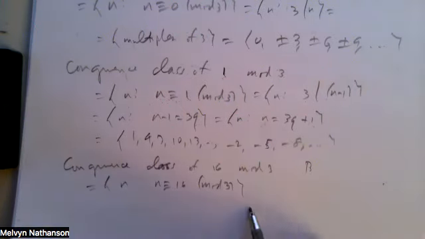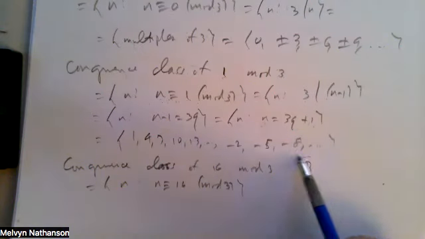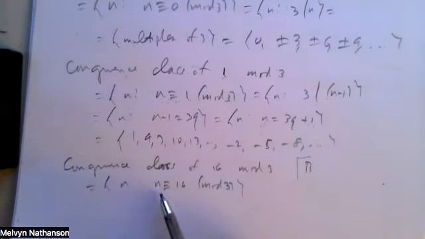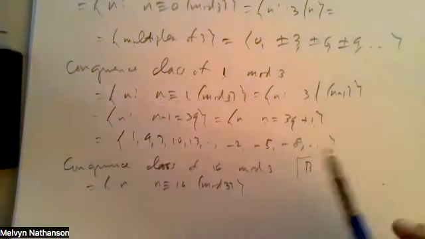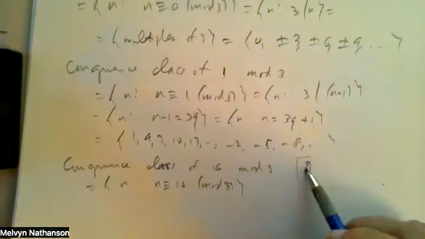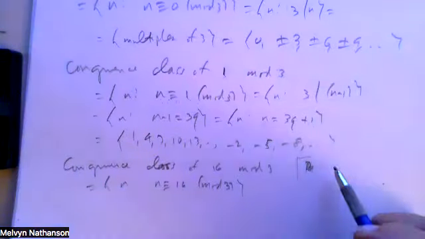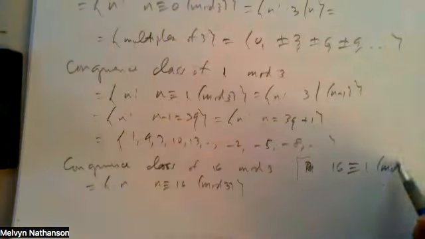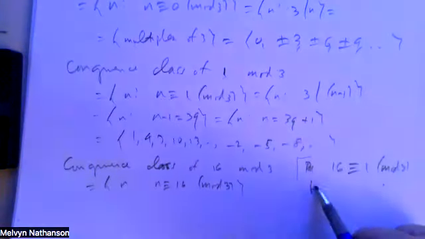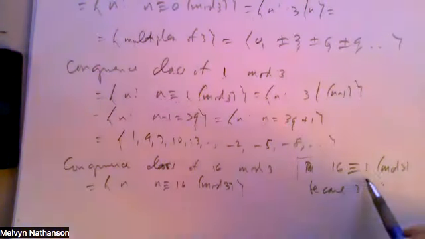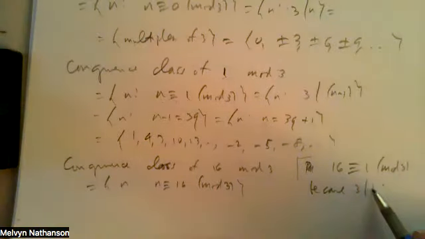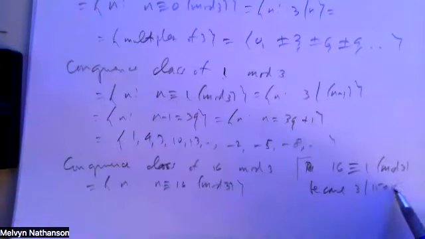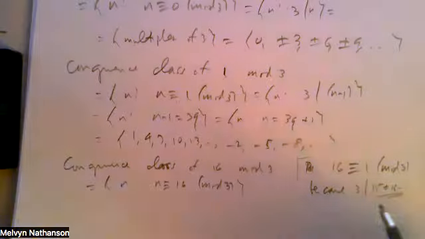What is the congruence class of 16 mod 3? It's all numbers such that n is congruent to 16 mod 3. Now you can find that easily if you observe that 16 is congruent to 1 mod 3, because 3 divides 15, which is 16 minus 1.